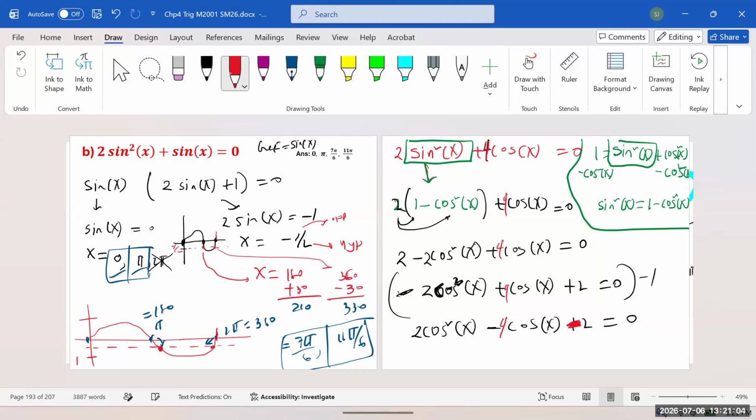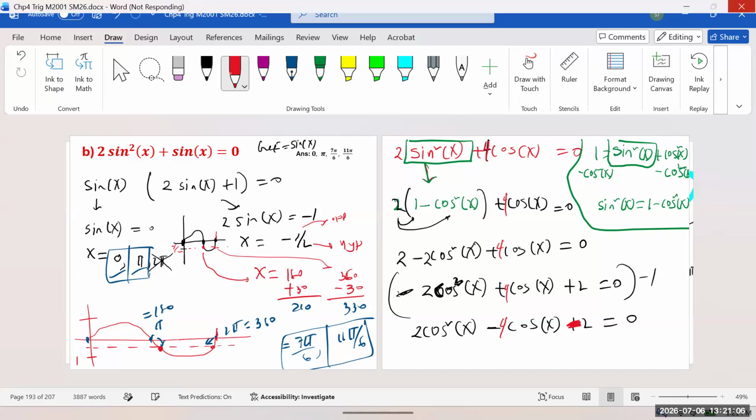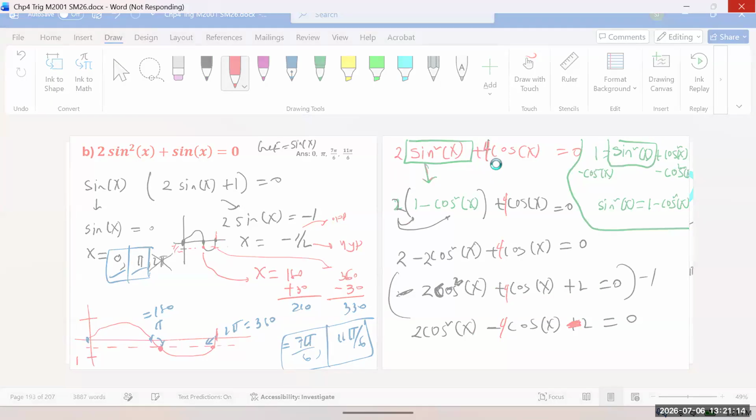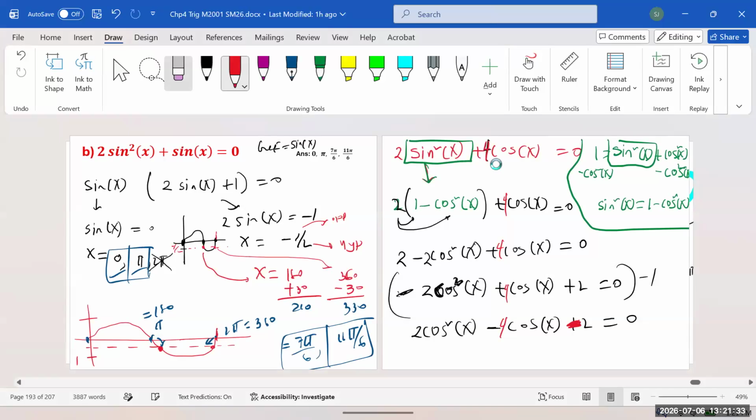Then 4 doesn't work. 2 times 2, 4. Let's put 3, then it will work. 4 doesn't work. Which two numbers multiply to 4 and add up to 1? That's possible.